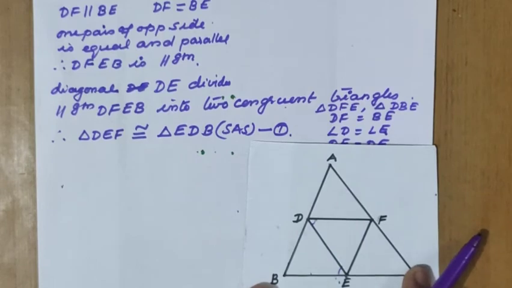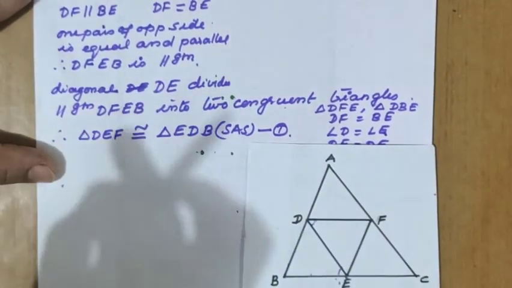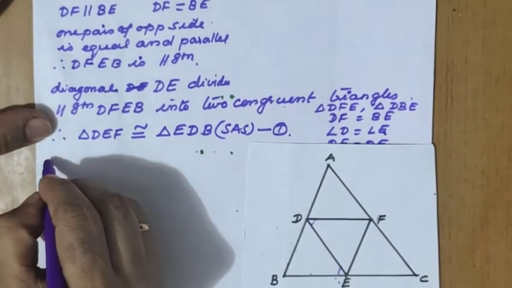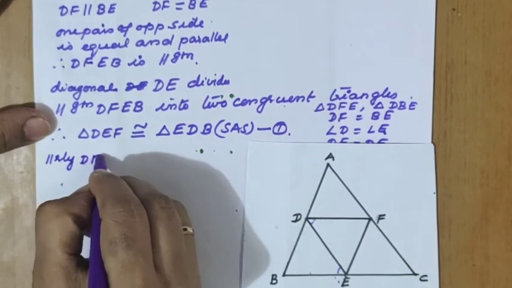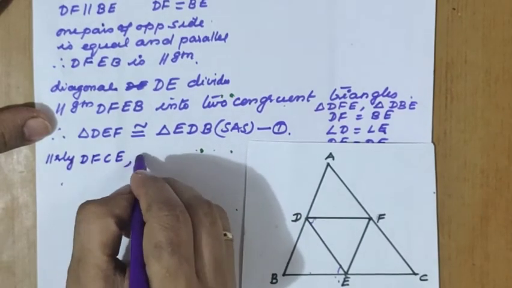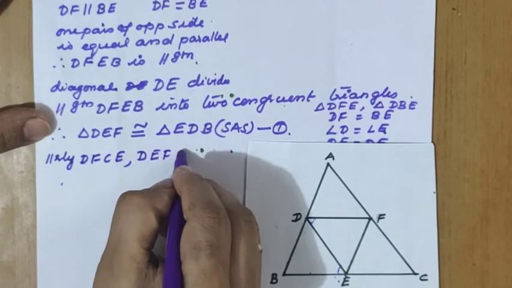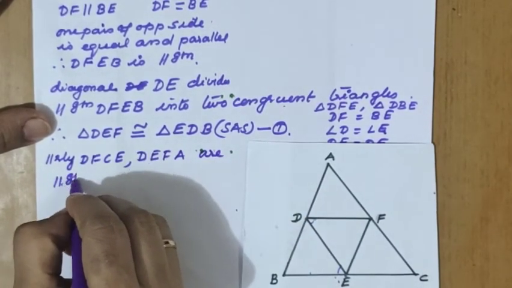That means with A also one more parallelogram. So 3 parallelograms we have to prove. Already one we have written the steps. For second and third one we will write similarly. DFCE, right? And DEFA are parallelograms.